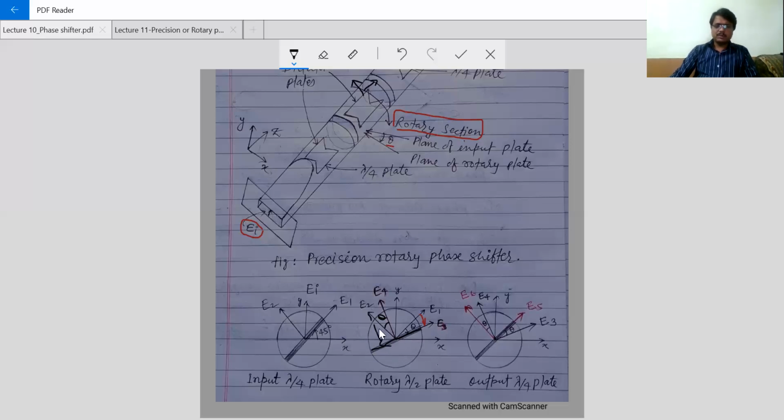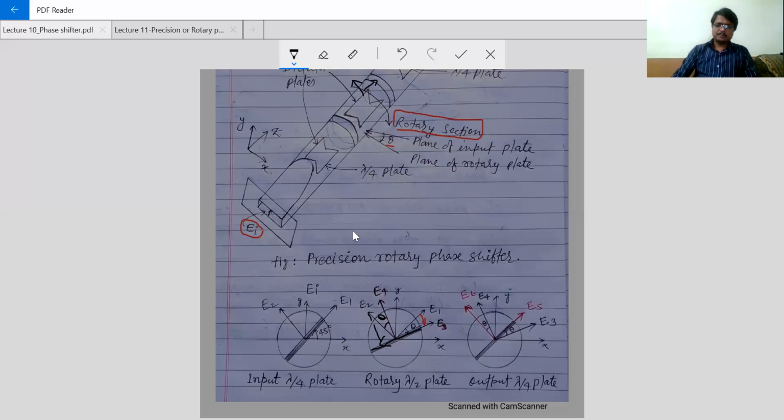It will be E2 sin theta. E1 cos theta is in the direction of E3, and E2 sin theta is in the opposite direction. So E3 will be given by E1 cos theta minus E2 sin theta.